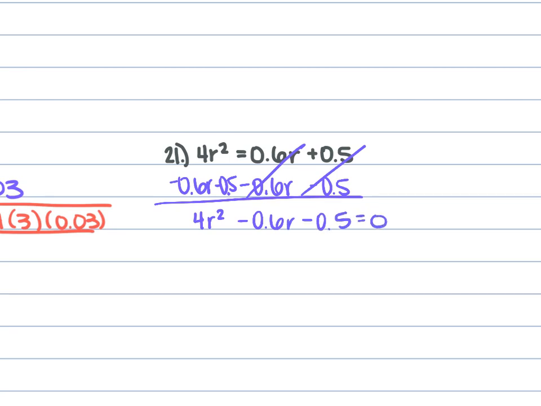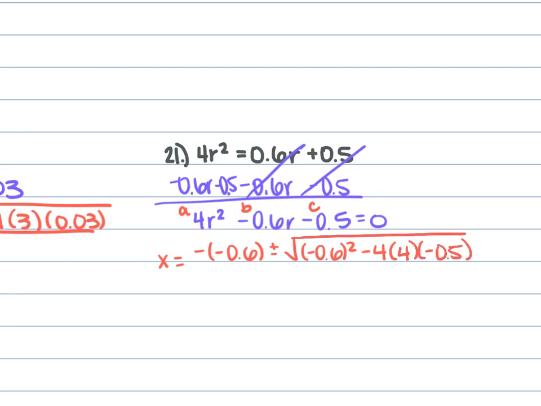So our a is the 4, our b is the negative 0.6, and our c is the negative 0.5. So this is going to be x is equal to a negative times negative 0.6 plus or minus the square root of negative 0.6 squared minus 4 times negative 0.5 all over 2 times 4.